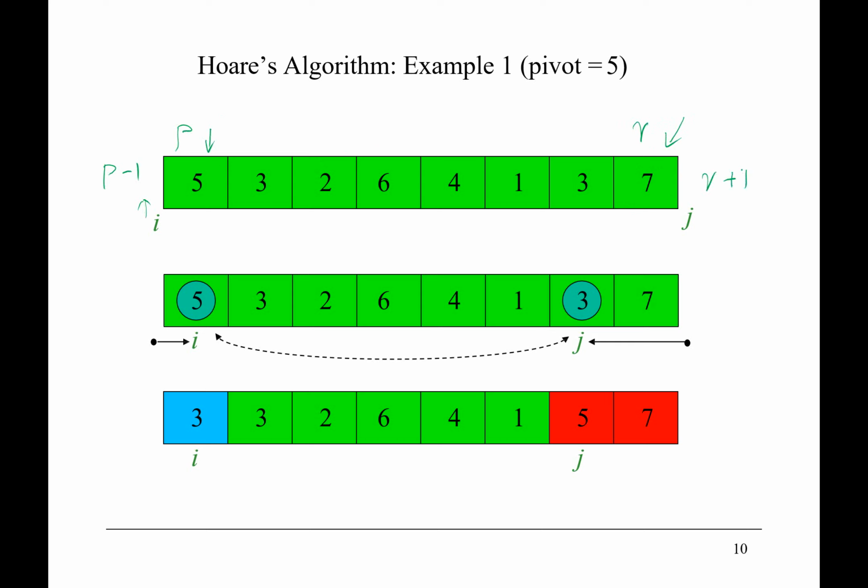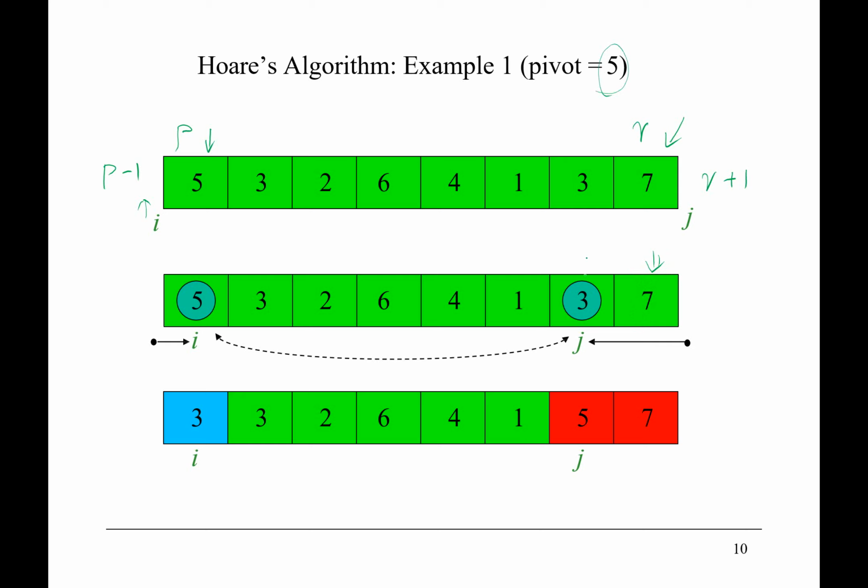In that case, in the loop, we will check starting from J first. At J's position, you got element 7, and in that case, 7 is larger than the pivot 5. Then this is in the good region, so we decrease J and check 3.